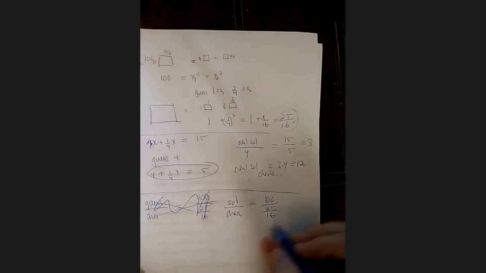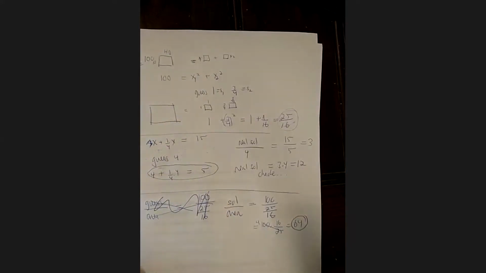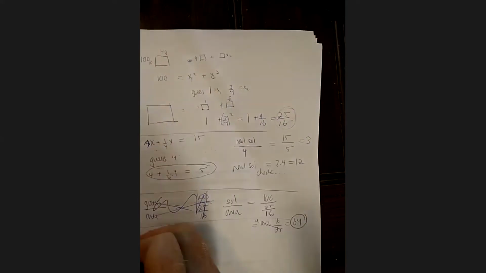So this quantity is going to simplify to that. The factor is 64, so we're off by a factor of 64. But we're dealing with an area, so that 64 is really a square factor.